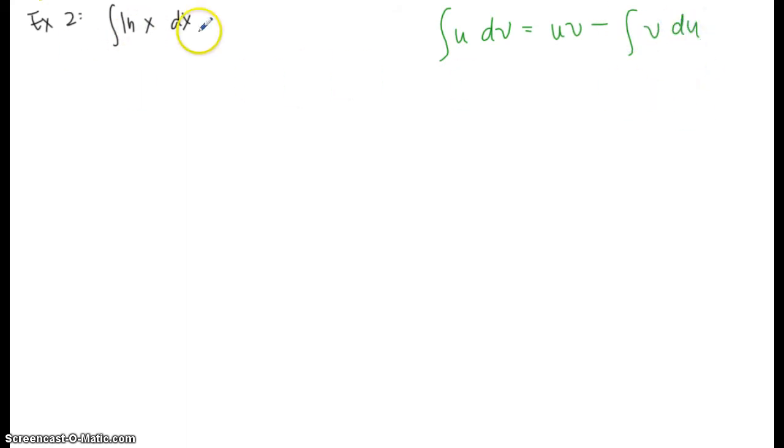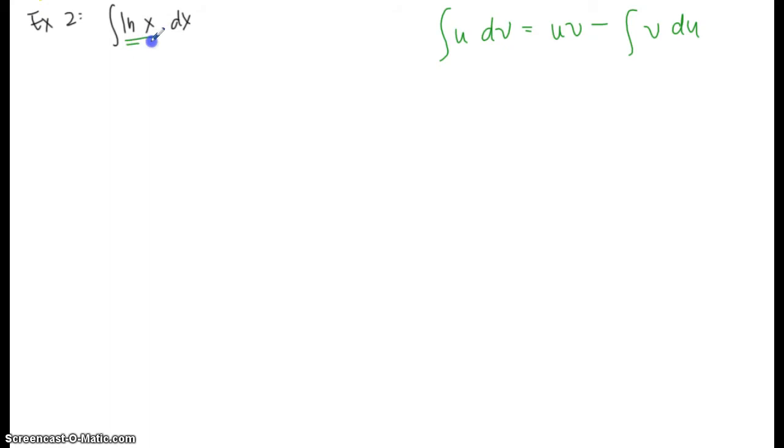One of these I have to set equal to u, and one of them I have to set equal to dv. Whatever I set for u, I have to make sure I can find the derivative, and whatever I set equal to dv, I have to make sure I can find the antiderivative.